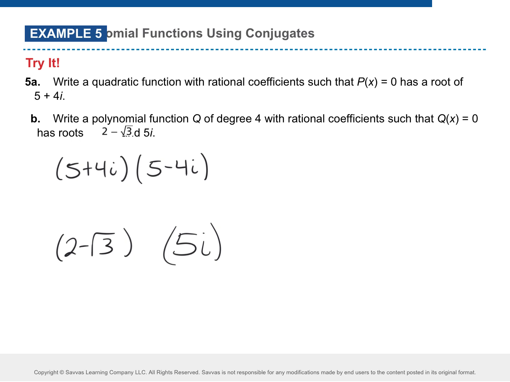Okay, what are the conjugates of both of those? 2 plus the square root of 3 and negative 5i. Kind of seeing how this is working? Yeah. Okay, we've talked about conjugates before, so if you have one as a possible solution, you are going to have the other. Okay.